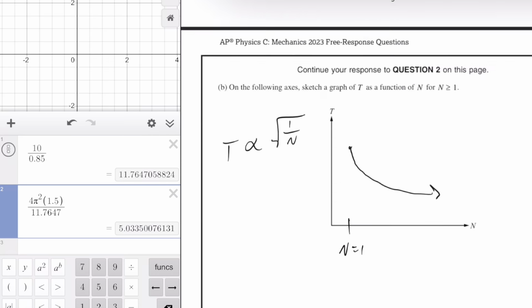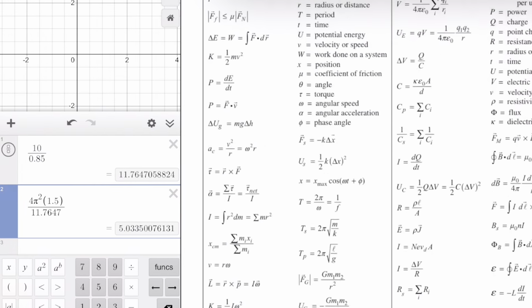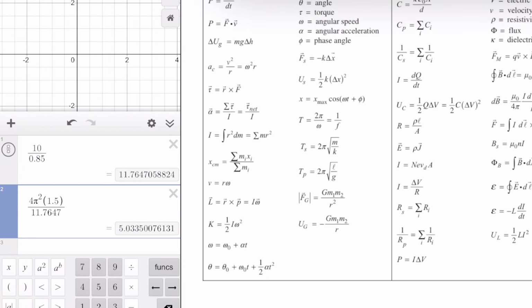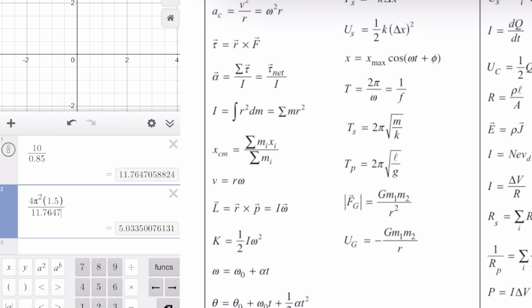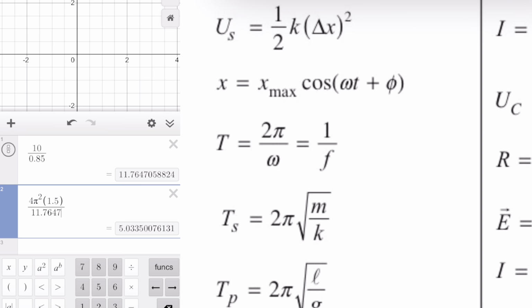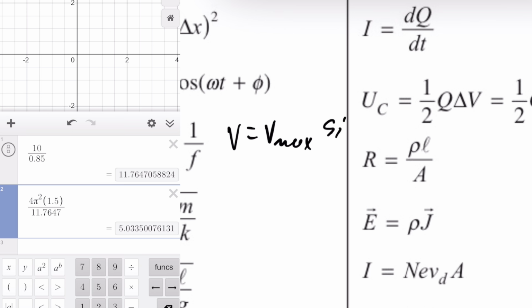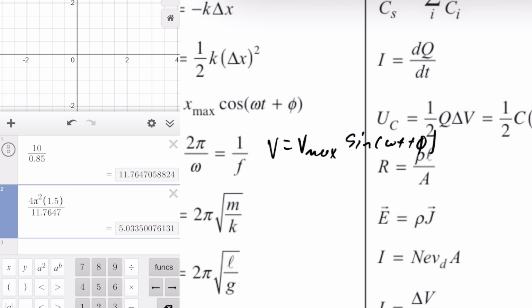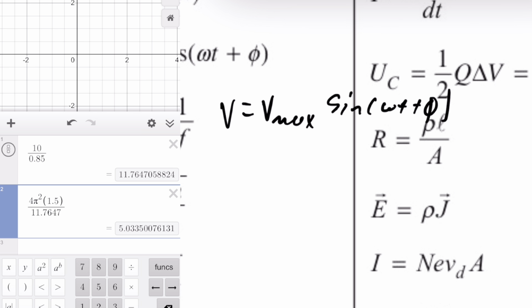And I can prove this to you on the equation sheet. Let's go up and look at that. So there's this equation for simple harmonic motion. If I turn this into Vmax, this will be v equals Vmax sine omega t plus phi. So the point being is that at its max velocity, this sine will basically go to 1 and v will equal Vmax.